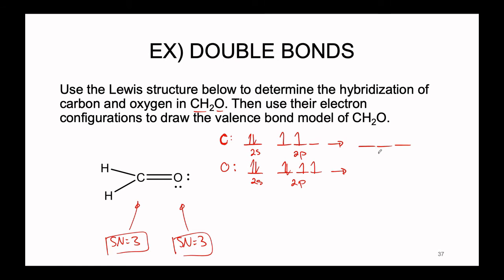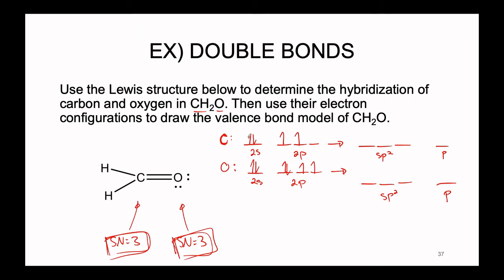So we're going to need 3 different sp2 orbitals in each case and 1 unhybridized p orbital. That's going to be true for both the carbon and the oxygen, because they both have steric numbers equal to 3. And according to our previous table, a steric number of 3 means that we need sp2 hybridization.